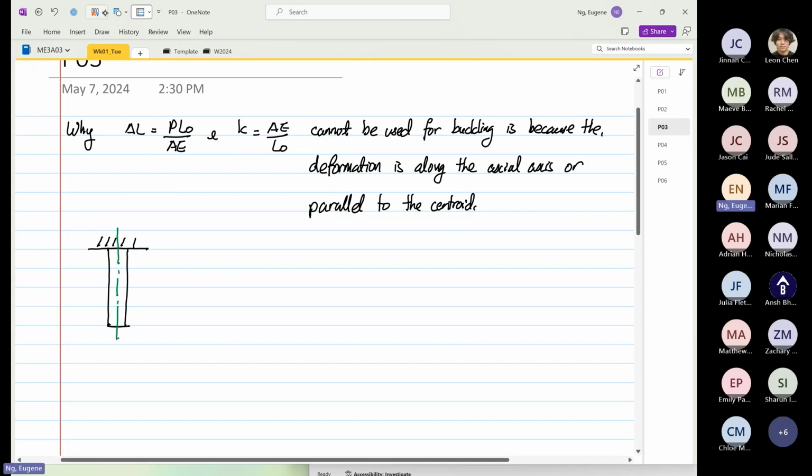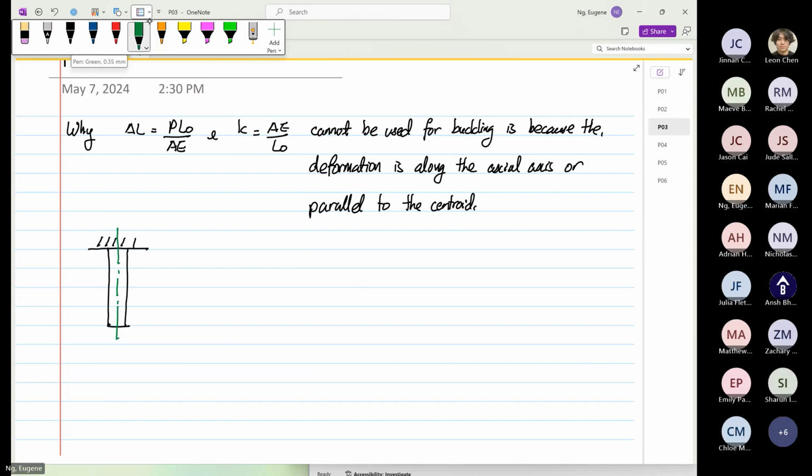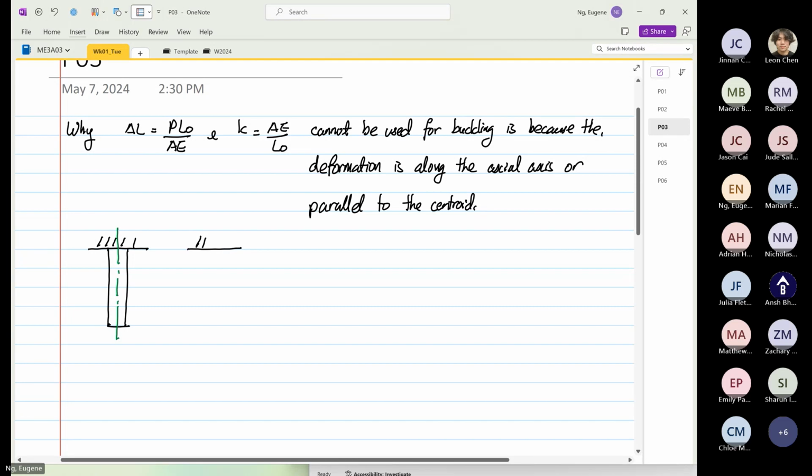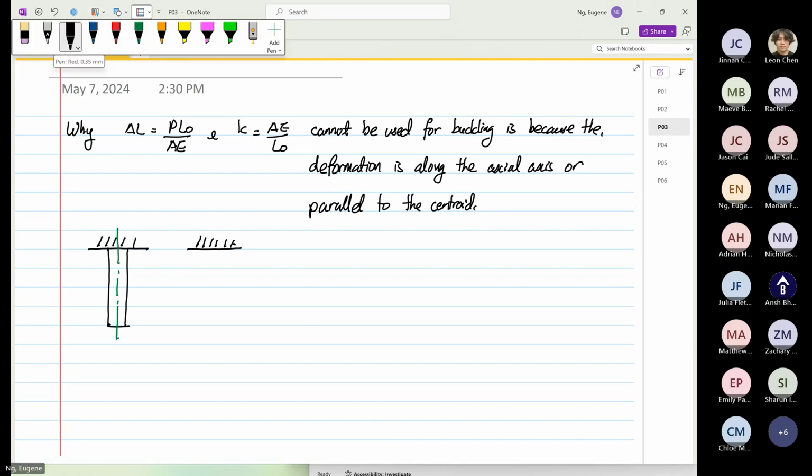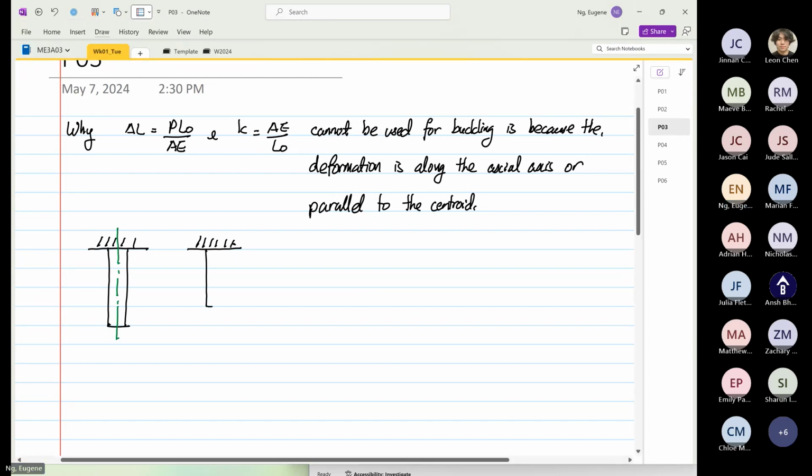When we apply the load, the deformation is along the centroid.